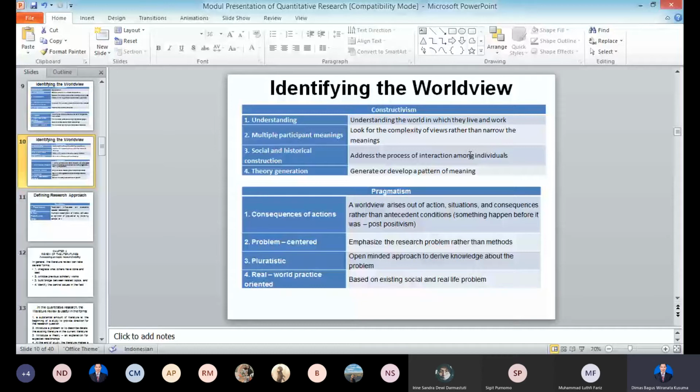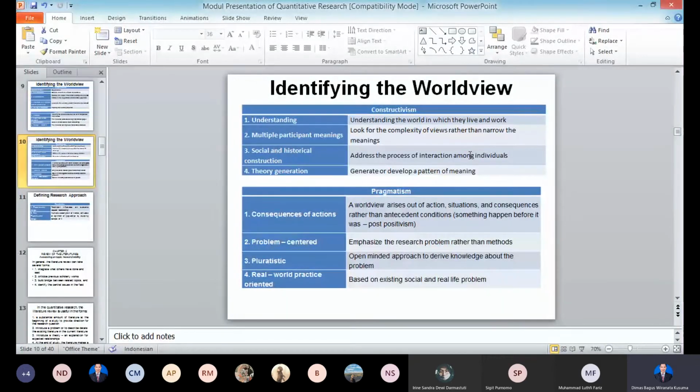Constructivism. So what are the characteristics of this constructivism worldview? The first is understanding. So these authors or people try to understand the world in which they live and work. So you're observing. You go into the field, into the society, involving yourself in some society activities.